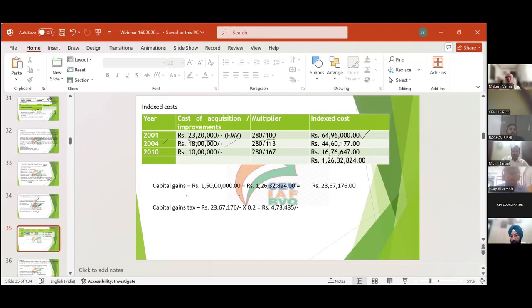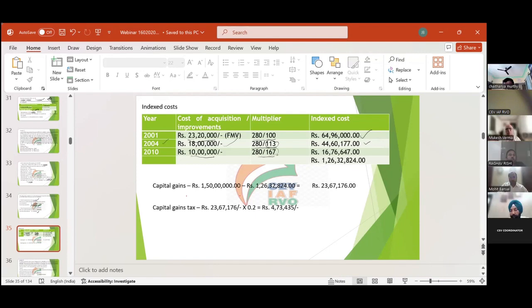So the multiplier factor will be 280 upon 113, which is the cost inflation index for the year 2004. The value comes out to be 44 lakh 60,177. And 2010 value is 10 lakh. Multiplier factor 280 upon 167, which is the CII for 2010. The value is 16 lakh 76,640.